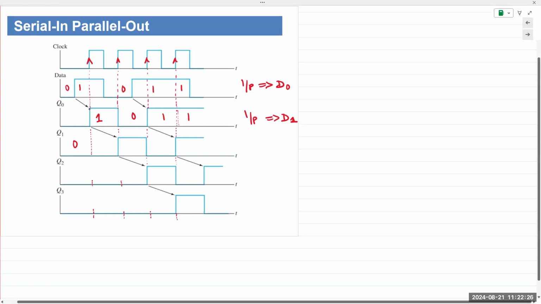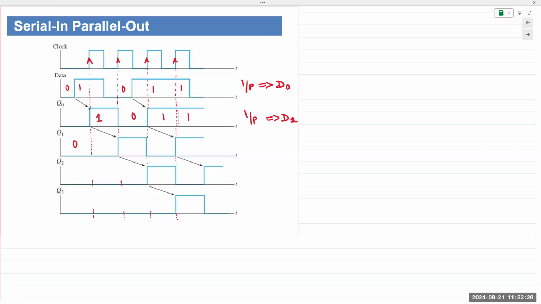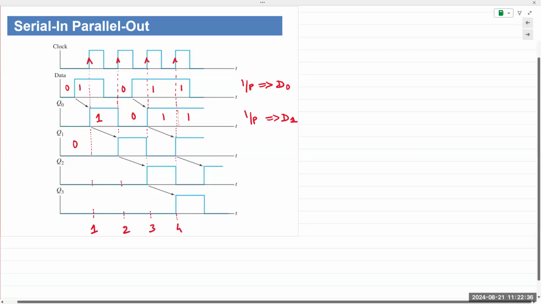Let's take a look at what Q1 will be when Q0 is 0 and 1. So the first transition is right here, the second is right here, the third is here, the fourth is here. That's not the T value, okay? That's just the transition. So at the first transition, Q0 is 0.